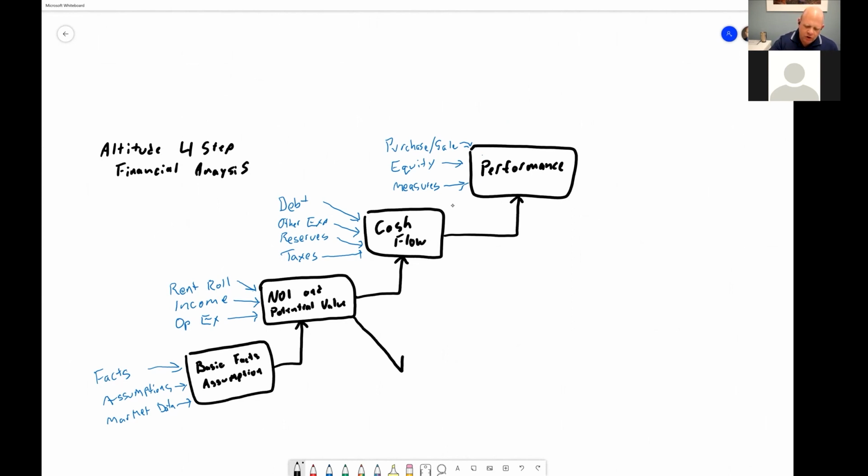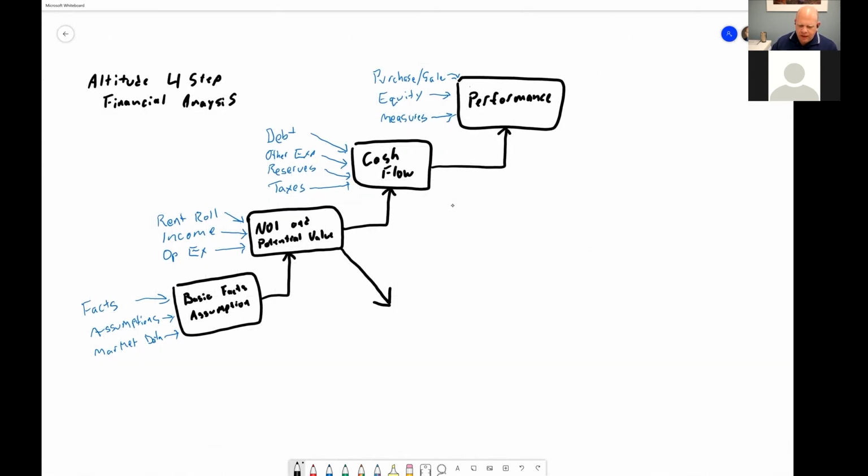So there are a series of levers that come from NOI that change our NOI and our potential value.